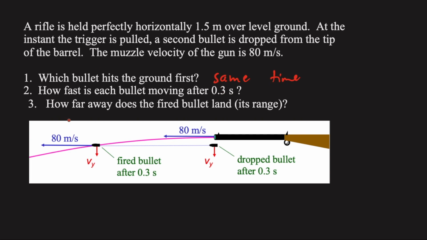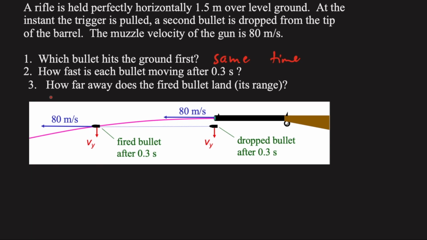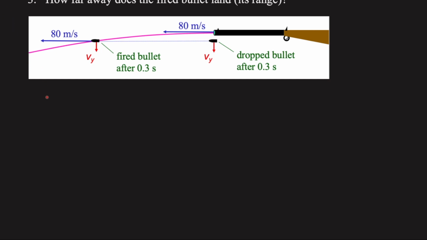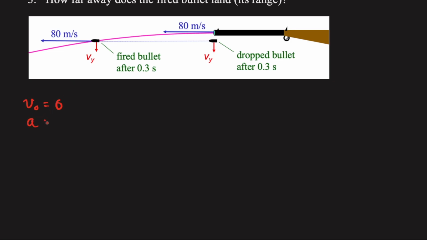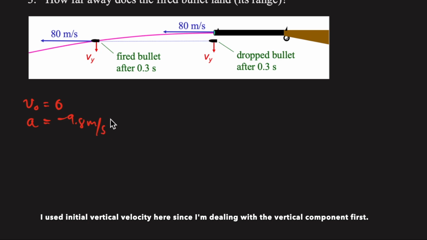Now, number 2: how fast is each bullet moving after 0.3 seconds? Note that we have an initial velocity of 0 meters per second, and acceleration equal to negative 9.8 meters per second square, while time is equal to 0.3 seconds.